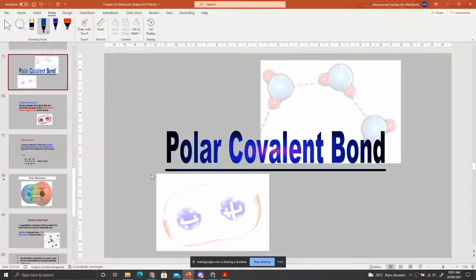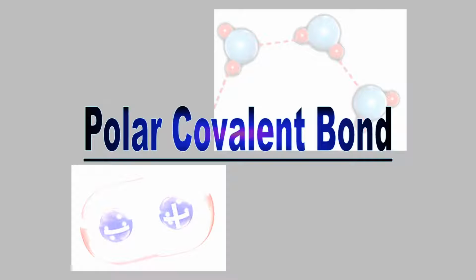Okay, so today we will learn about polar covalent bond. And why is it important for us to learn this? Because in the future, by having polar and non-polar molecules, you can actually use what's called a TLC method.